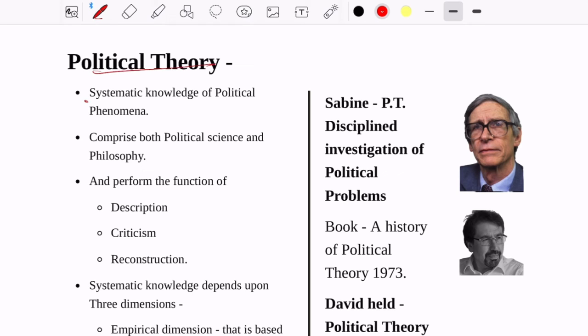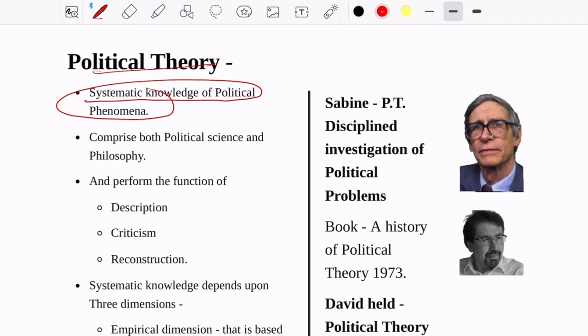Political theory is the systematic knowledge of political phenomena. Now, here comes the important question. What is the meaning of political phenomena? Phenomena means कोई घटना होती है. So, एक community level पे कौन सी घटना होगी? एक political level पे कौन सी घटना होगी? What are the events going to happen on a political level?